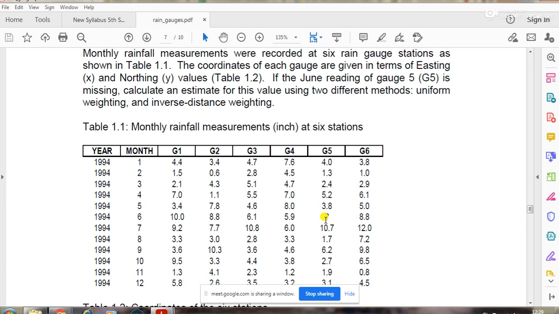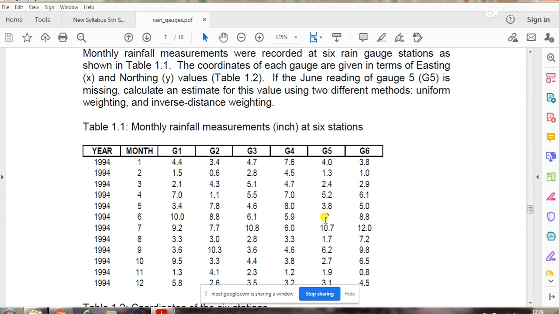So this one missing value, you will need to calculate. Obviously there are different methods. We'll be going for the discussion on each and every method in consecutive classes. But for today's class, we'll be using one method, that is the uniform weighing method, as well as the inverse distance weighing.